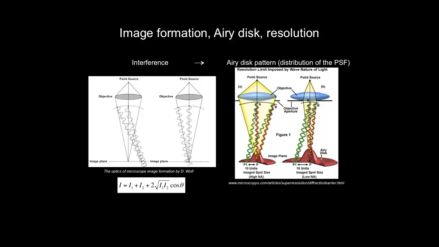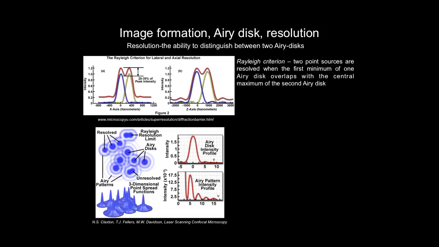So this pattern is formed by a bright spot that's surrounded by concentric bright and dark circles, and this would be the intensity distribution of these patterns.